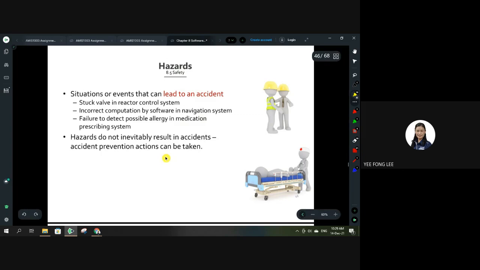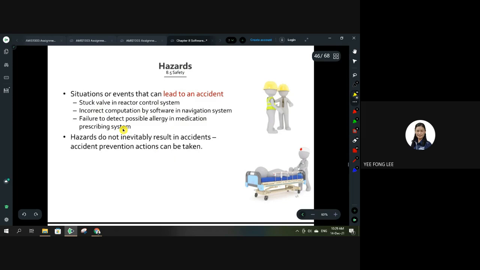Let's say a failure of the sensor that measures the blood glucose. Other examples here: a stuck valve in a reactor control system, incorrect computation by software in a navigation system, failure to detect a possible allergy in a medication prescribing system.